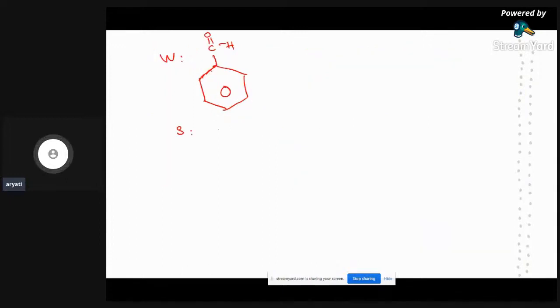So structure for S will be, okay, adakah formula dia C8H8? So carbon ada 1, 2, 3, 4, 5, 6, 7, 8. H ada 1, 2, 3, 4, 5, 6, 7, 8.